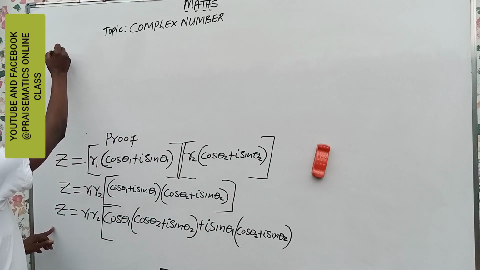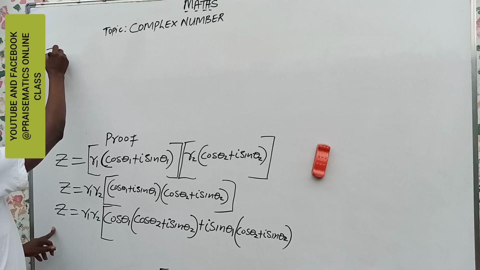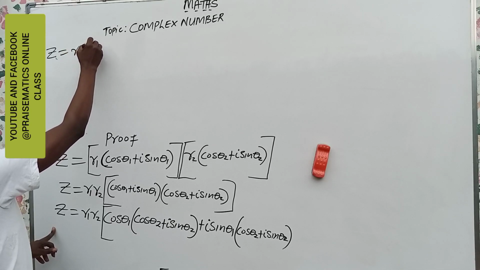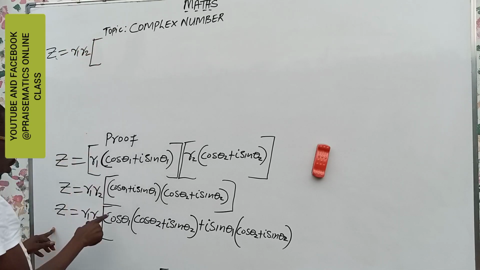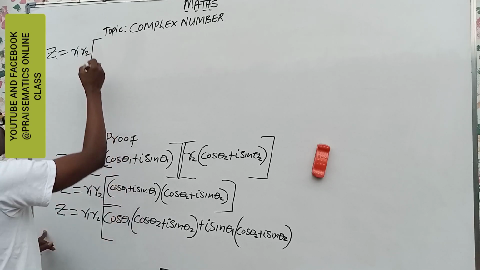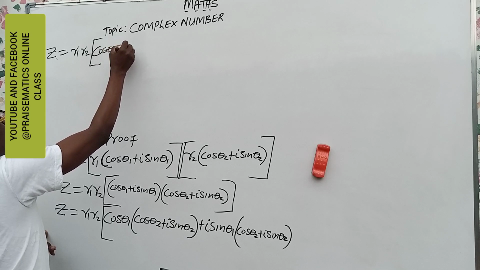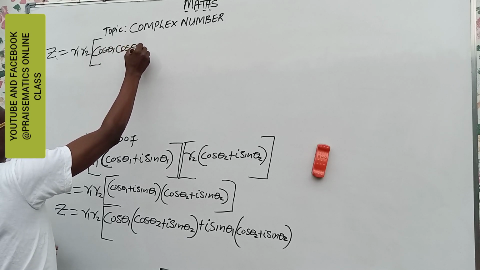Okay, let's continue. Z is equal to R1 R2 into bracket cos theta 1 times cos theta 2 will give us cos theta 1 cos theta 2.